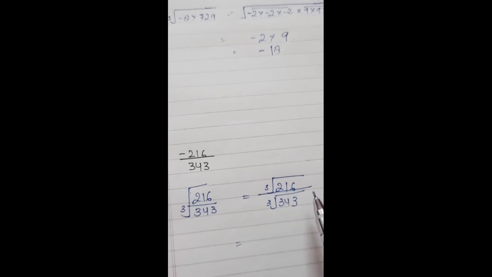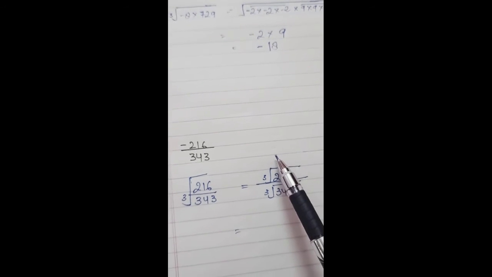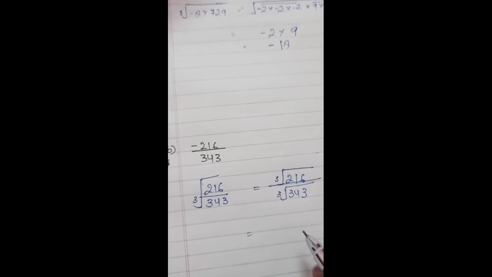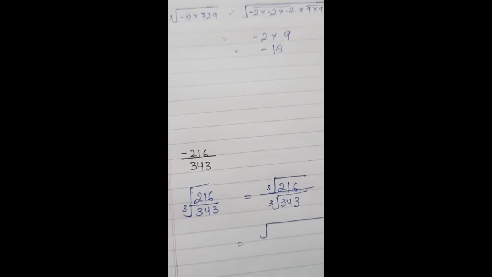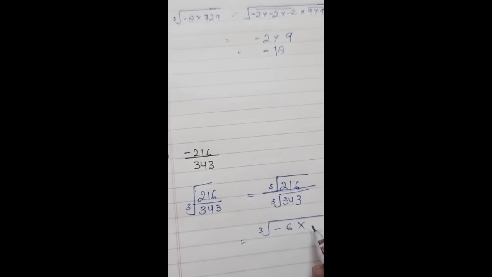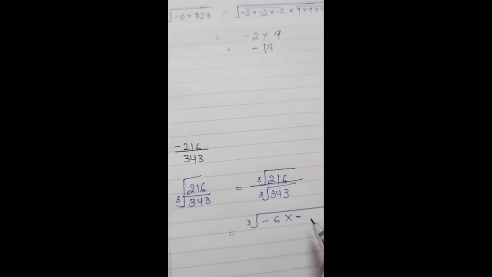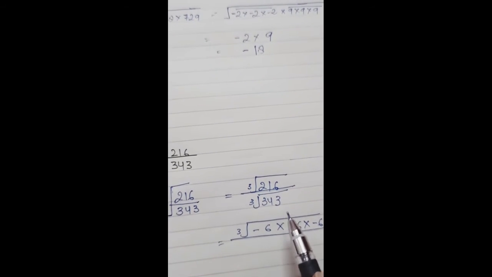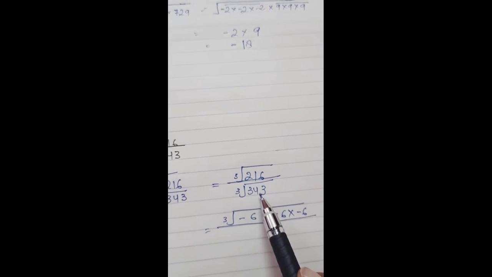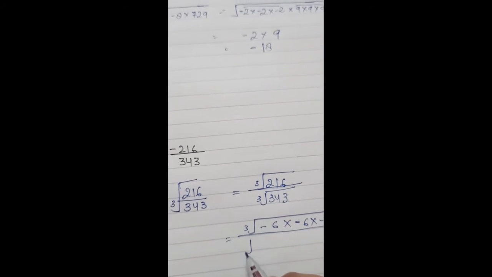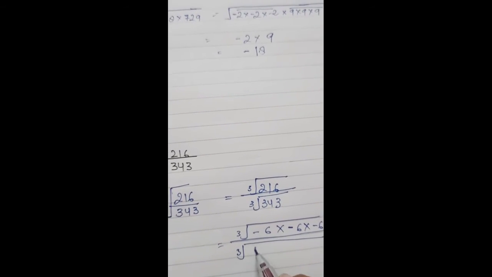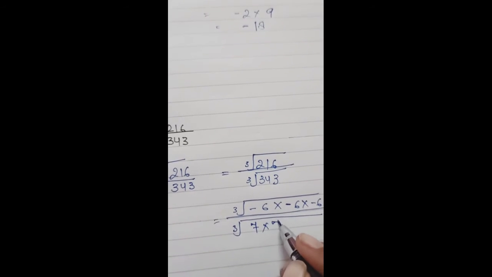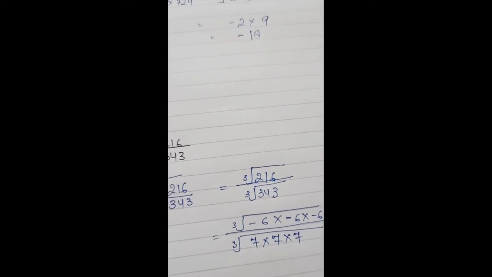So the prime factors of 216 are minus 6 multiplied by minus 6 multiplied by minus 6, upon the prime factors of 343, 7 multiplied by 7 multiplied by 7.